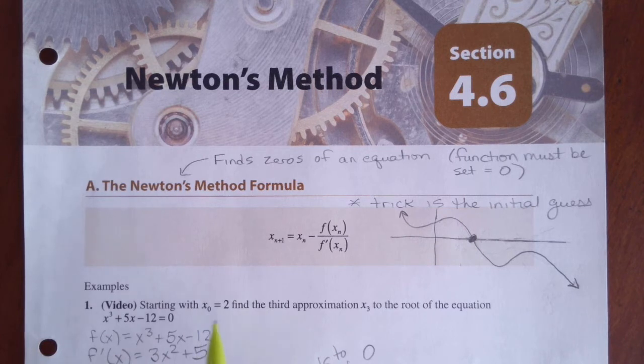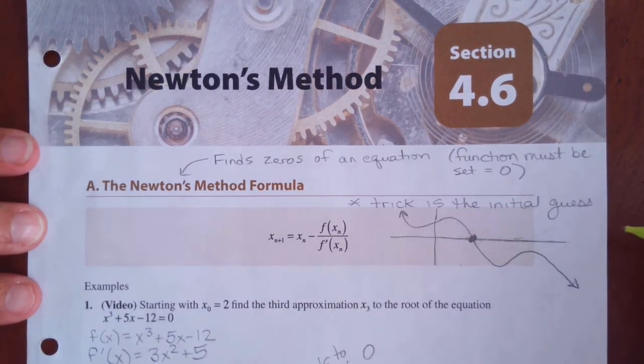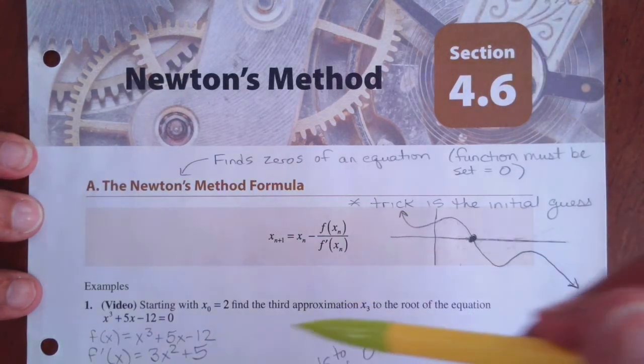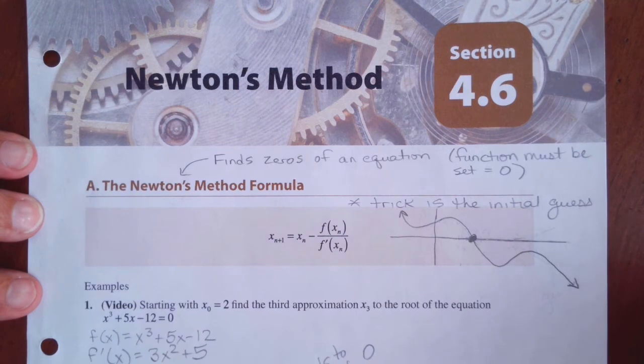For me that would be the initial guess that you're working with. And like I said, the trick is that you want to have a good initial guess. So when you look at a function and you're trying to find the root, and you're going to do this without the help of your calculator, Newton's method is what we would use.